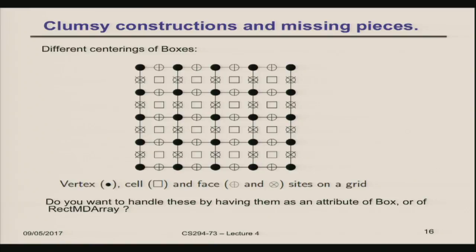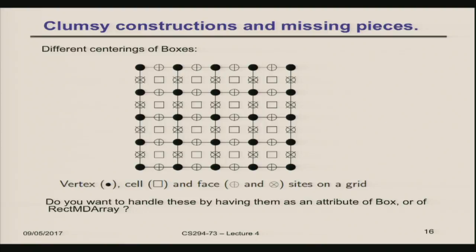Here are some other decisions we made. In the other version of box that I have that has to interoperate with this, boxes actually have centering. So you distinguish between boxes that are centered at where the open squares are, in 2 dimensions, so that's cell-centered. You can have vertex-centered boxes, which are corner-centered, and you can have face-centered boxes.